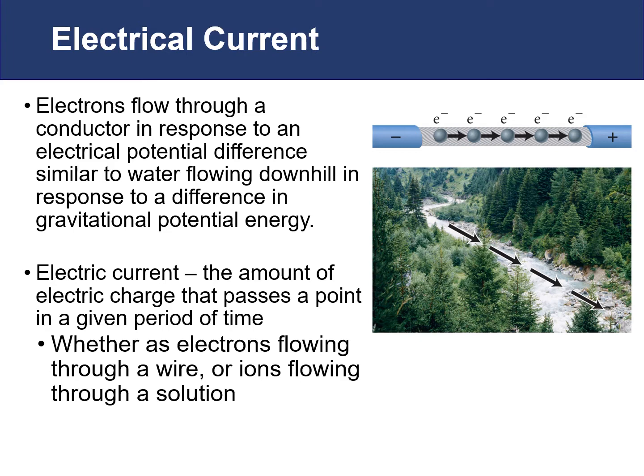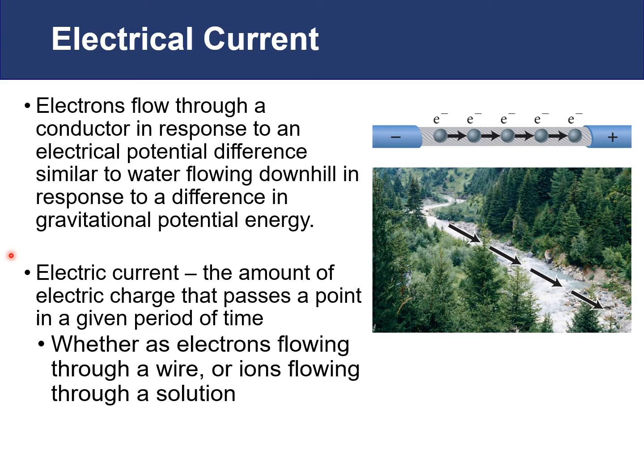The term for the rate at which electrons flow through the wire is called the current. Now, electrons flow through a conductor in response to an electrical potential difference, similar in thought to water flowing downhill in response to the difference in gravitational potential energy.